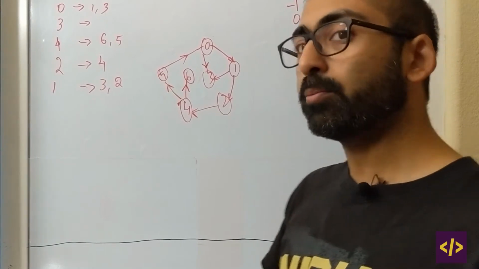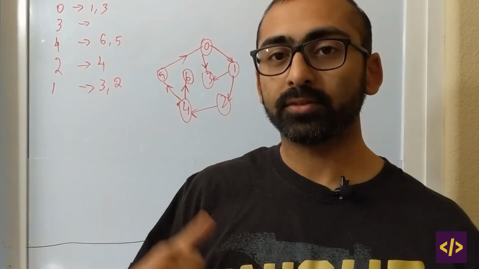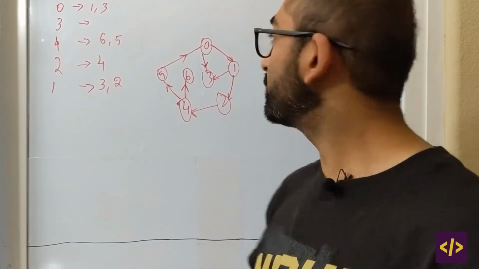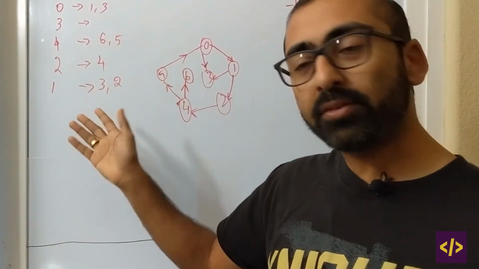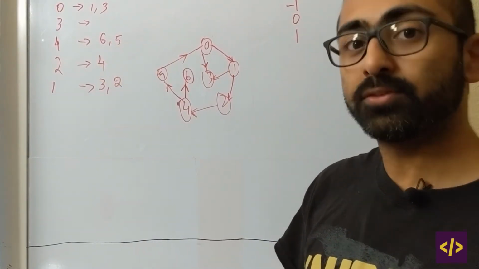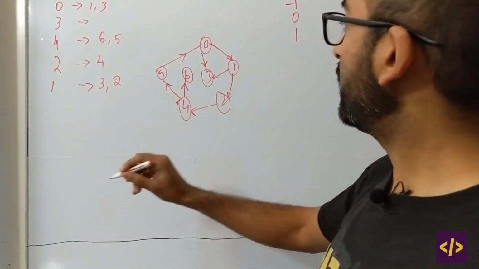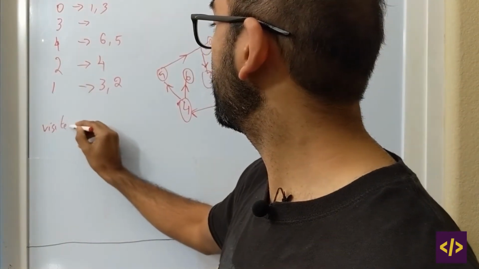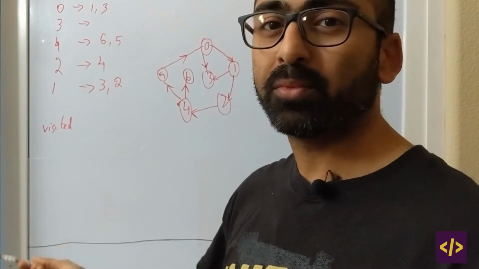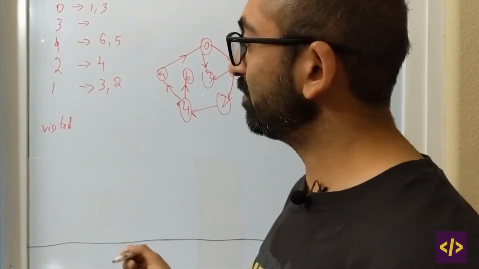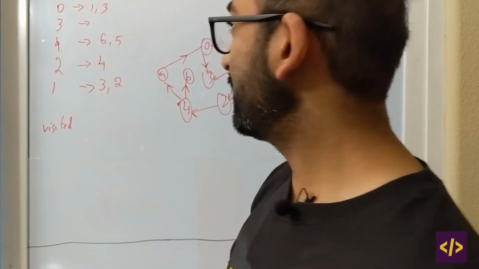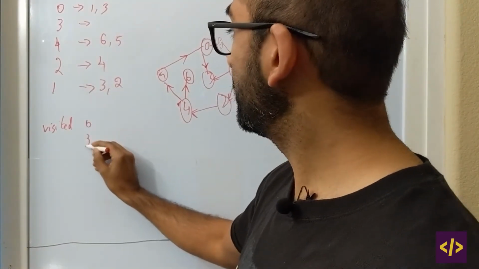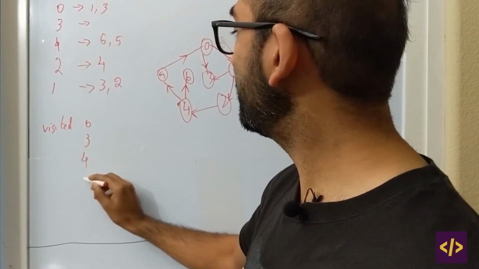Okay. Now, bit by bit, we're going to traverse through this graph, and let's see how things work out. Any preference in the order? No, I'm just going to start with 0. Let's have a visited array, and I'm going to put it in order just because I'm lazy. I'm just showing this because it really doesn't matter.